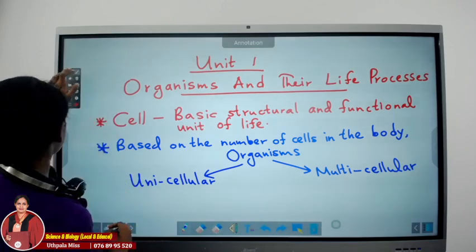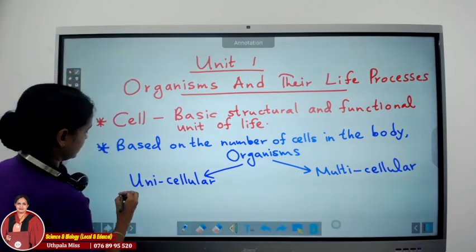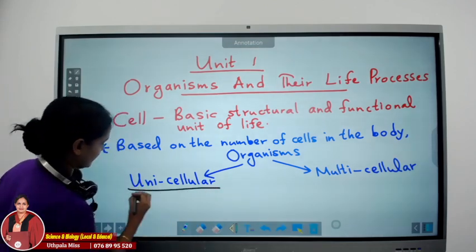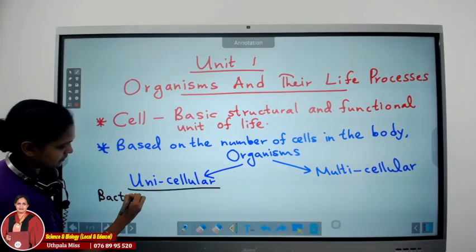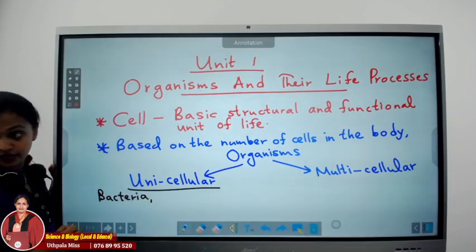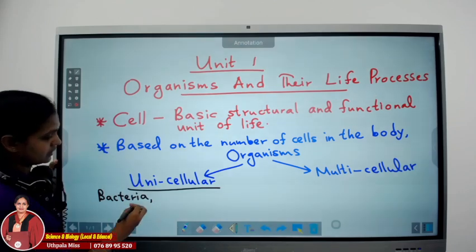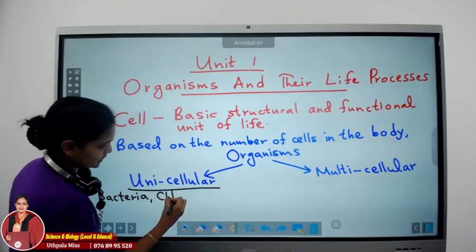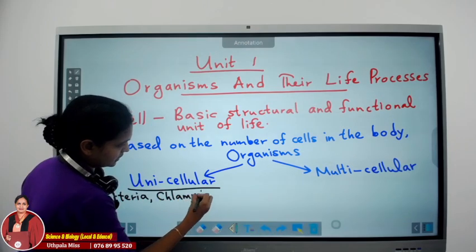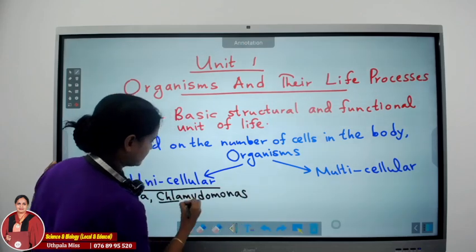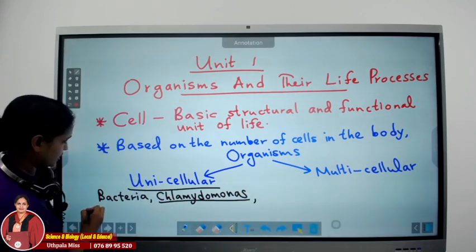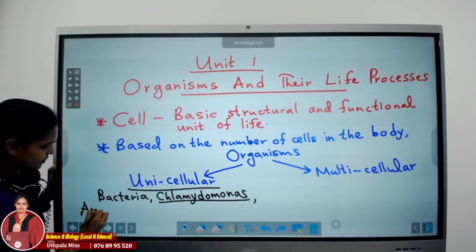If we give examples for unicellular organisms, we can say bacteria, all are unicellular. Then we can identify organisms like Chlamydomonas, which is a unicellular alga. Then amoeba, which is a protozoan.